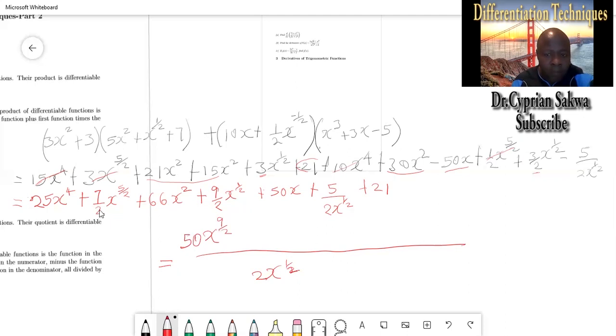These are 2 here. To go here, x raised to a half times this would have 7. So just adding this plus this, because it's 2 that goes here.